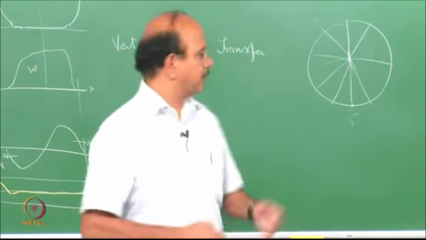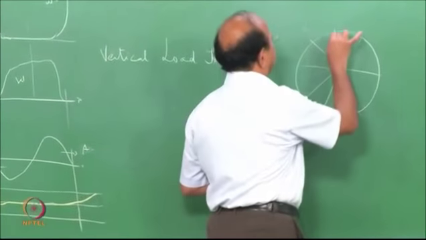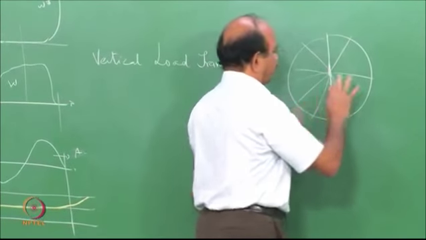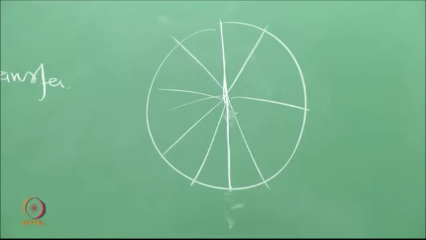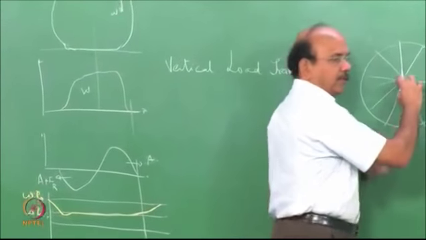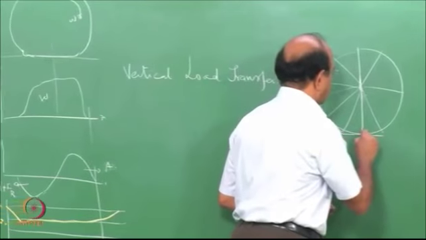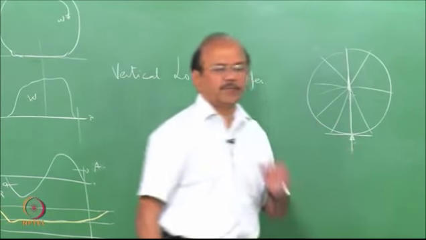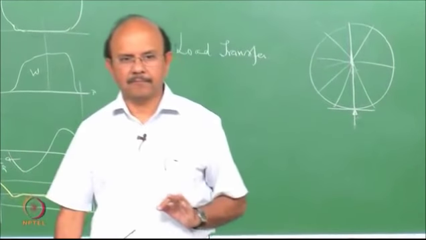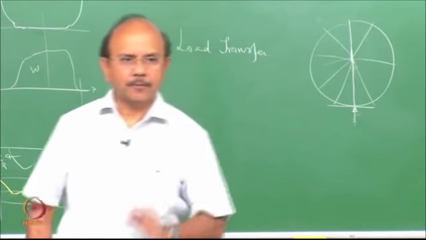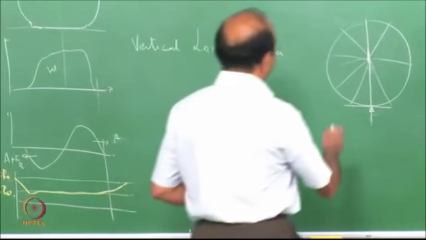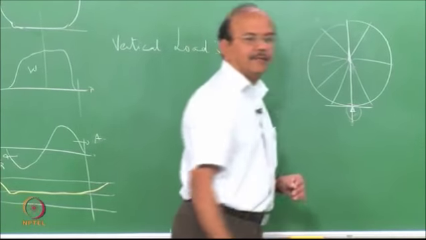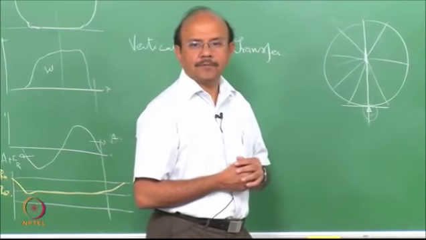Clear? Let's just consider a very simple situation. Forget about all other spokes. Now, this spoke is under tension. We'll consider one for clarity. That spoke is on the ground, so there is a compression on the spoke.